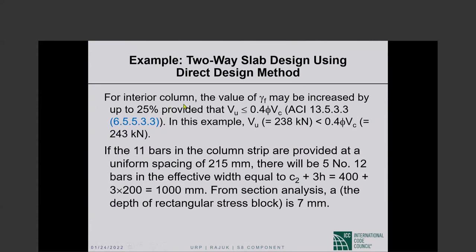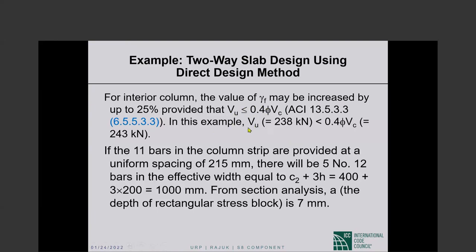Okay, so for an interior column, the value of gamma sub f may be increased by 25%. The 60% can be increased to 75%, provided V sub u is less than 40% of phi times V sub c. This is very restrictive, and there is an additional requirement that I will show you.